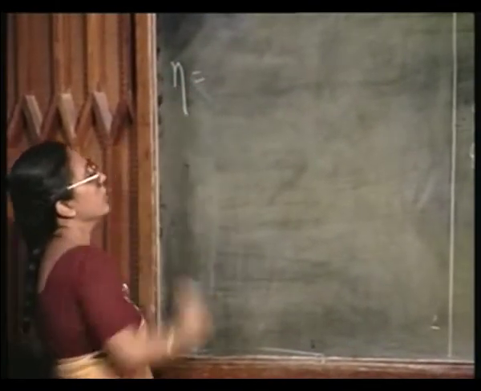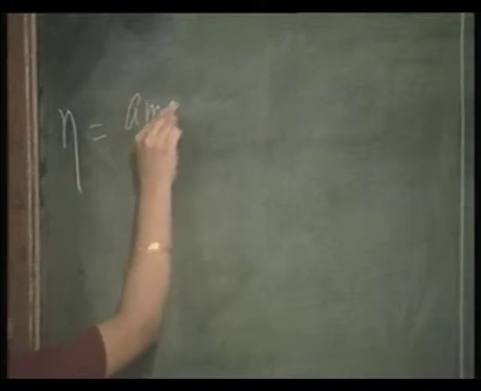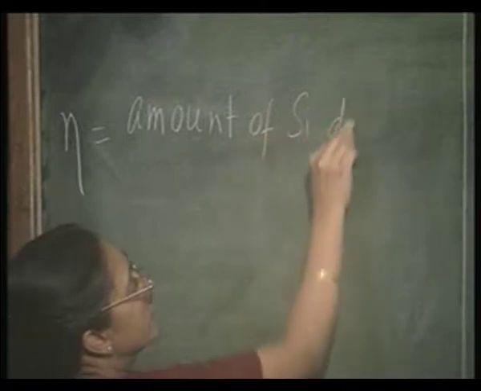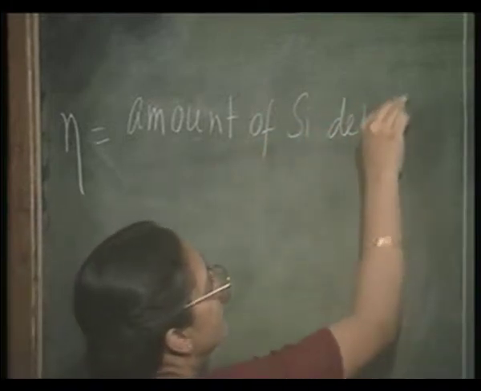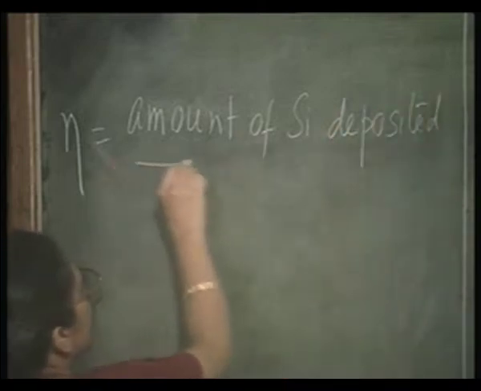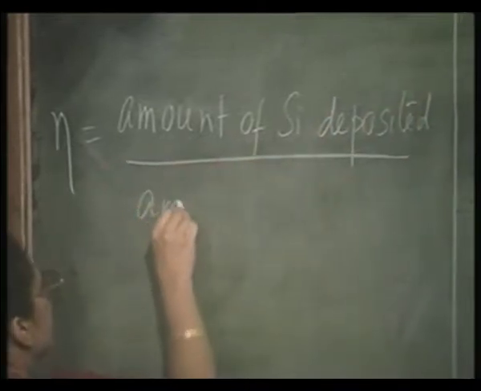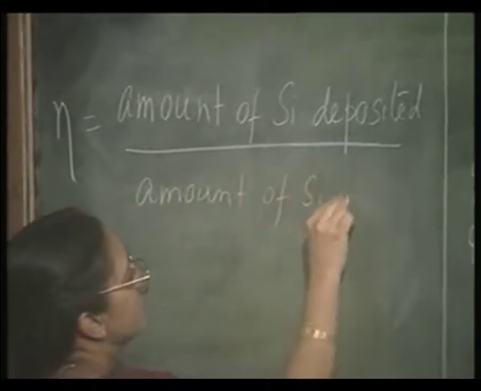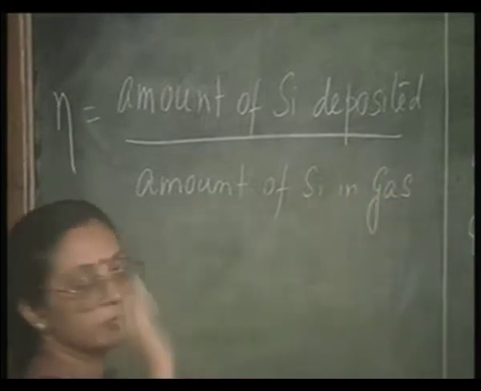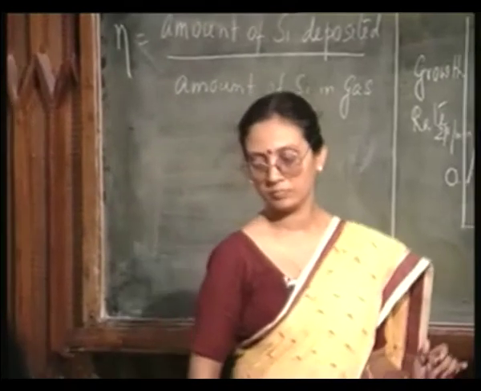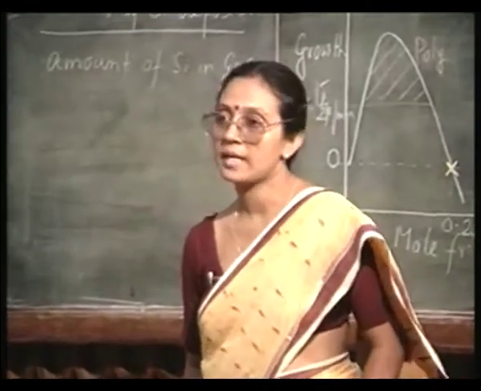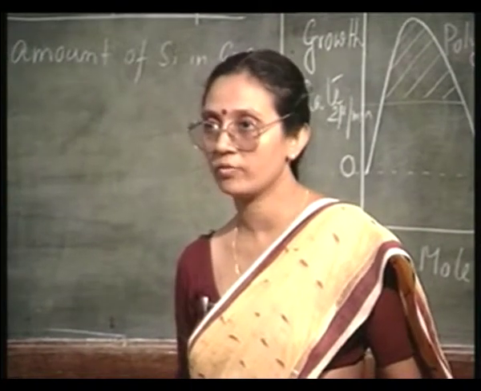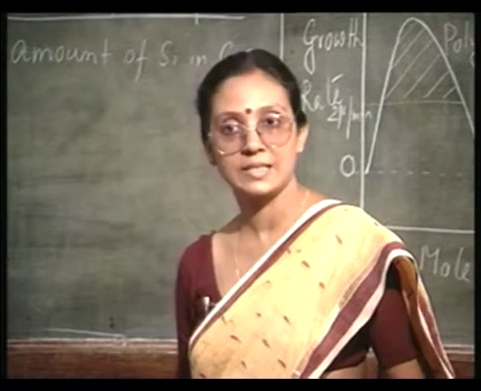So, efficiency, or eta, that is, a reactant gas contains so much silicon and only a certain percentage of that silicon is finally being utilized, it is getting deposited.